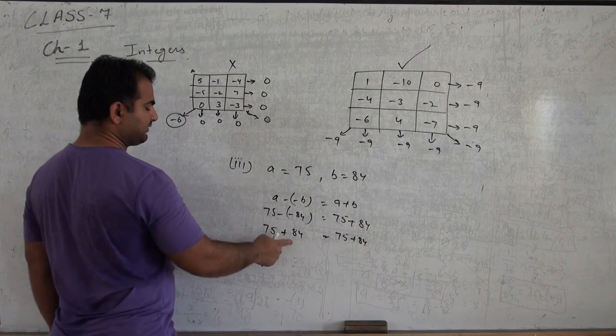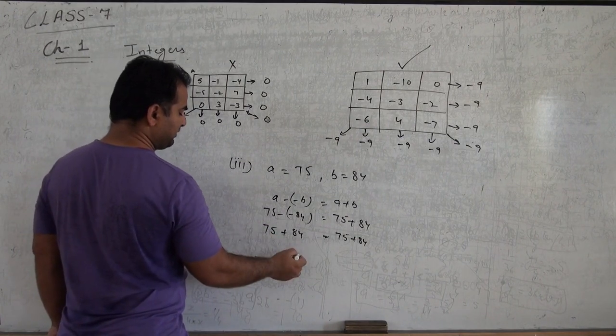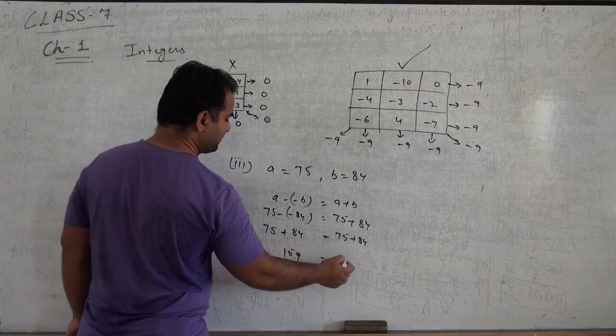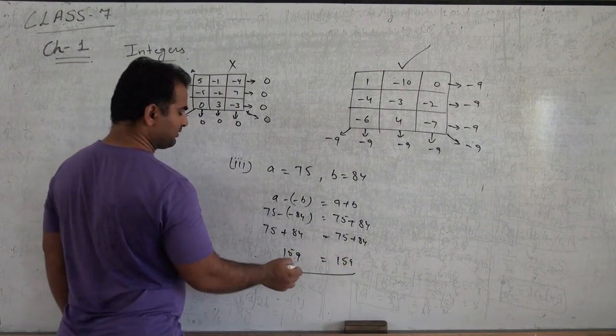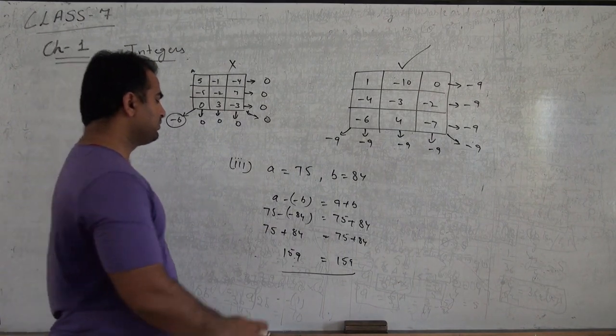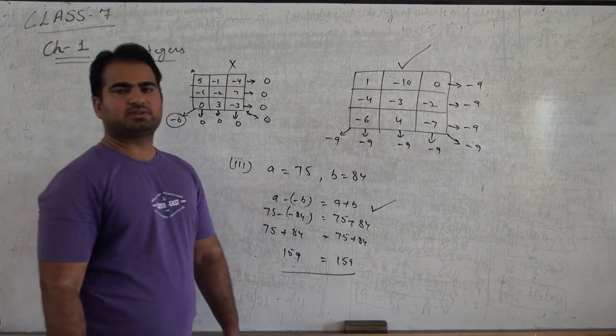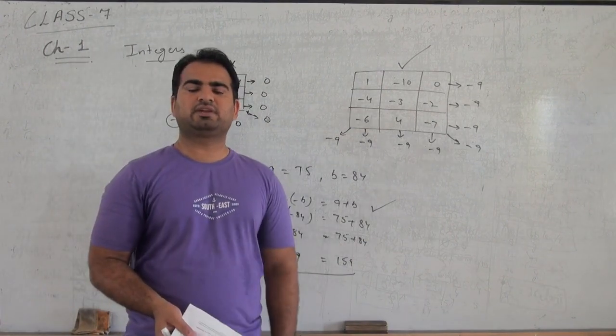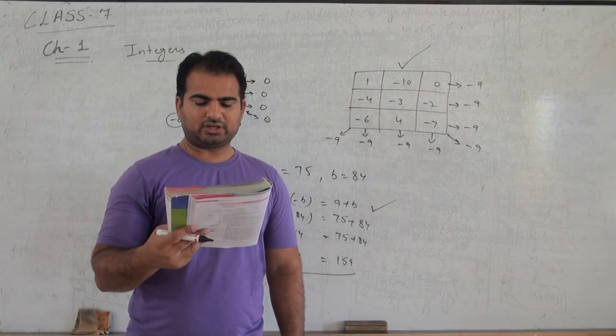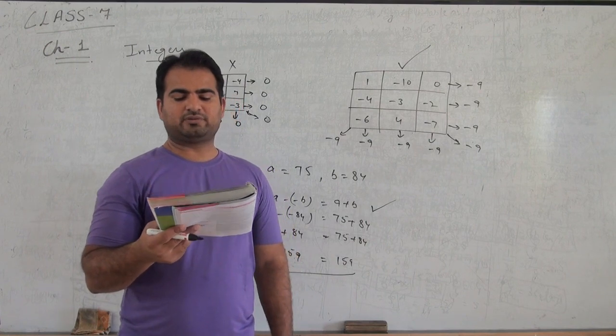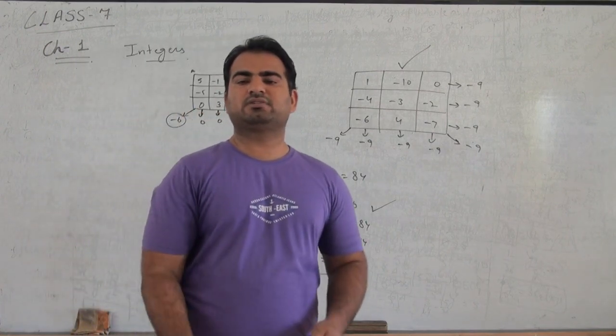Okay, what is 75 plus 84? It will be 159, and again this side will also be 159. So we can say that both A minus B and A plus B are equal to each other in each and every case. Done?